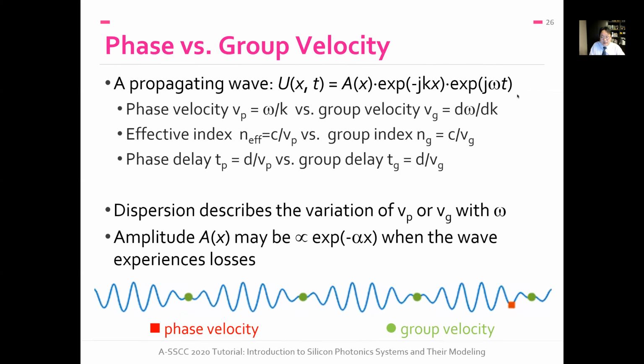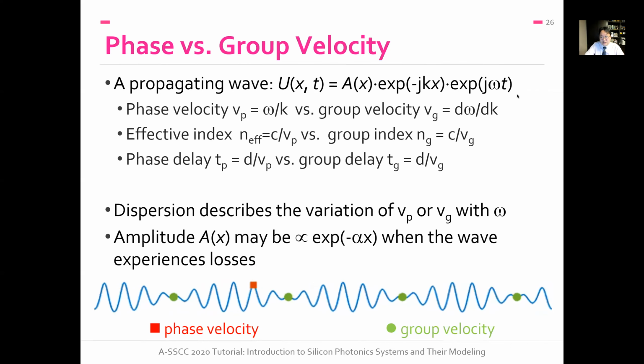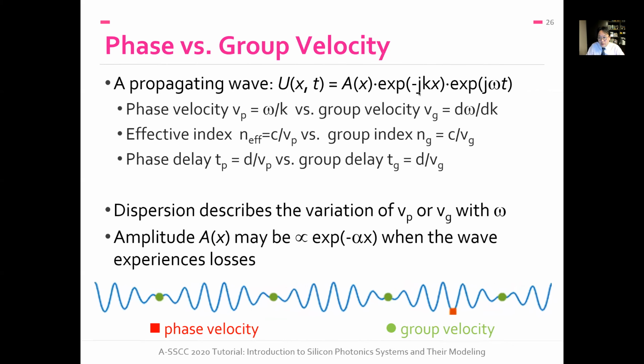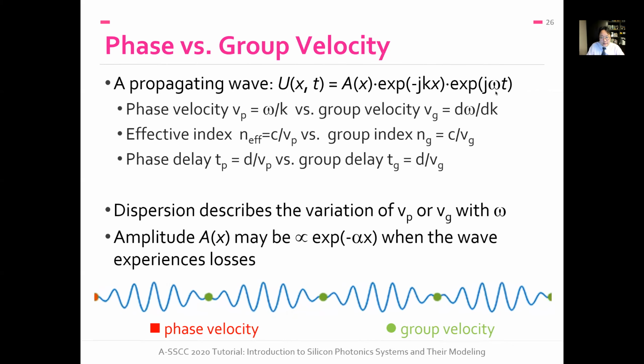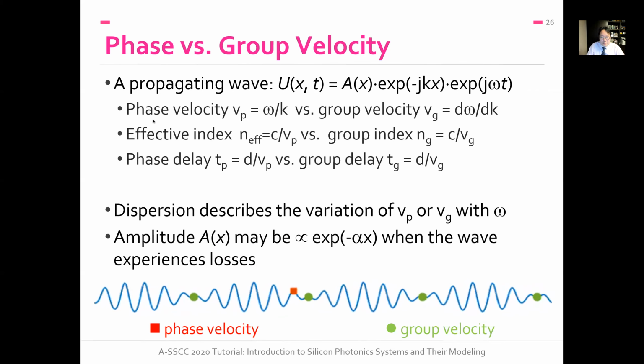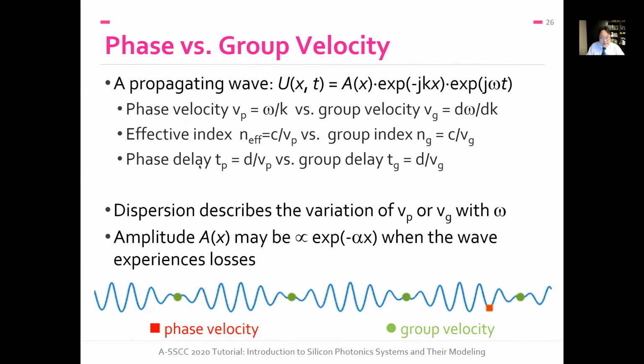And the last term is how the wave changes as a function of time. And we see these 2 coefficients, k and omega. Using these coefficients, we can define various properties like velocity and delay.